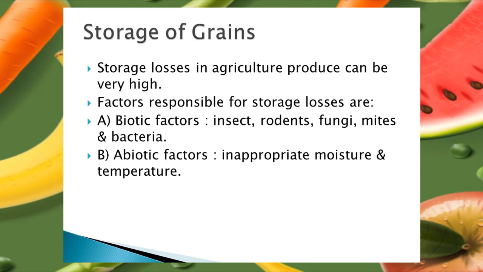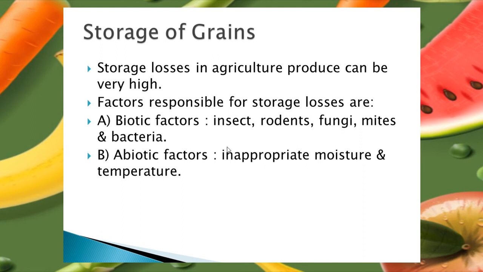Some of the factors responsible for storage losses are biotic factors, means living factors. These biotic factors include insects, rodents, that is rats and mice, fungi, mites and bacteria. These are the biotic factors which are responsible for the loss of the grains.